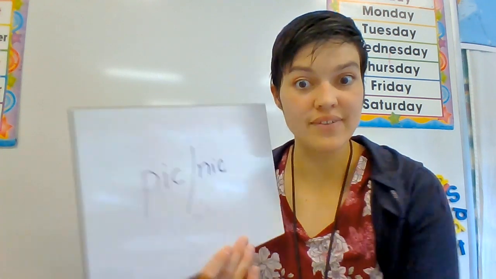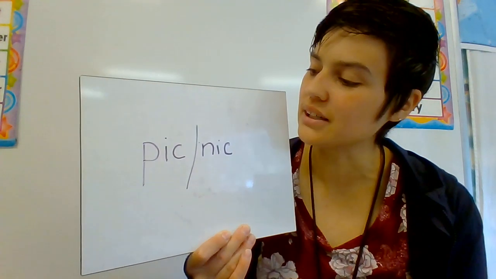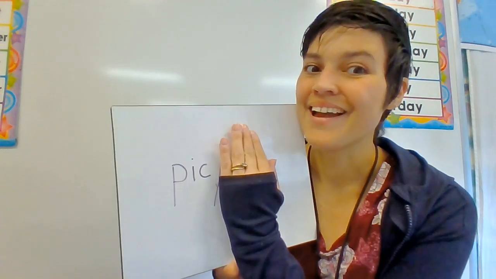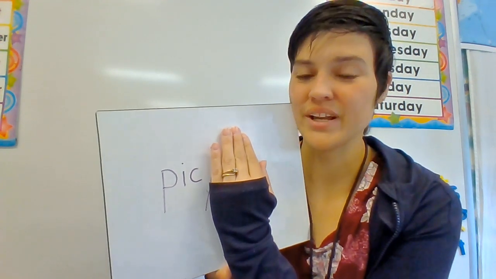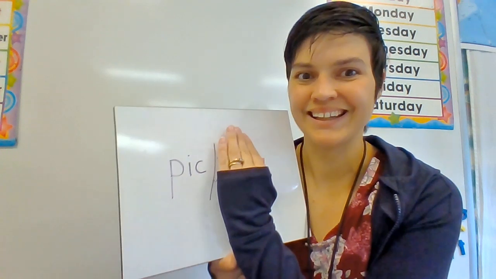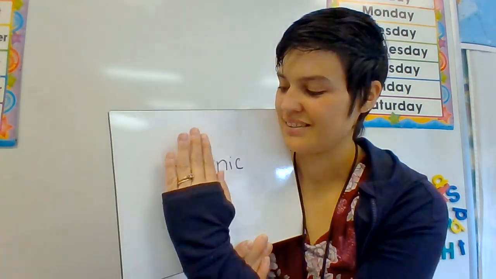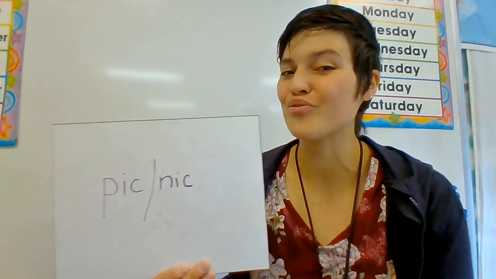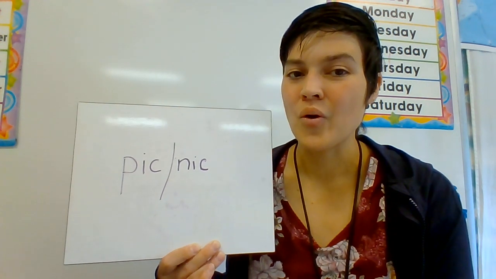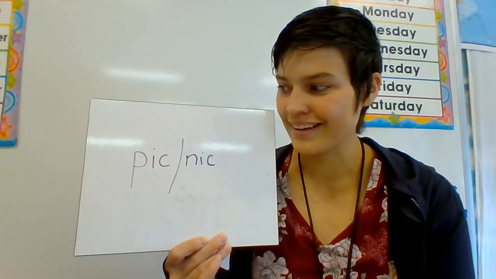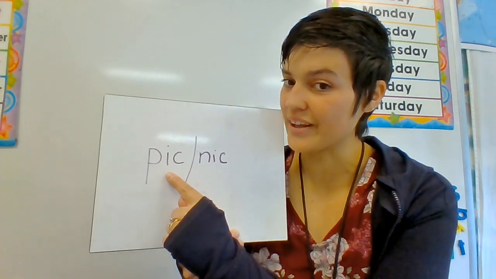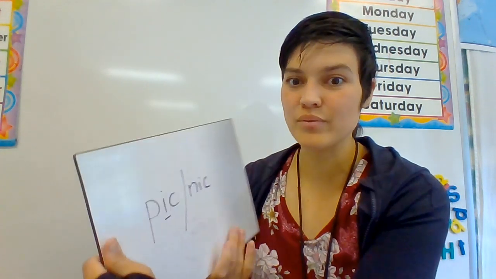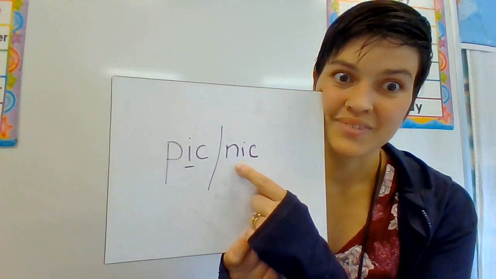Okay, I've already divided this word right down the middle. Now, can you say the first part? Very good. Pic. And what do we see here? Nic. Do you hear the two vowel sounds? What are they? I, or the letter I. So I in syllable 1, and what about syllable 2?